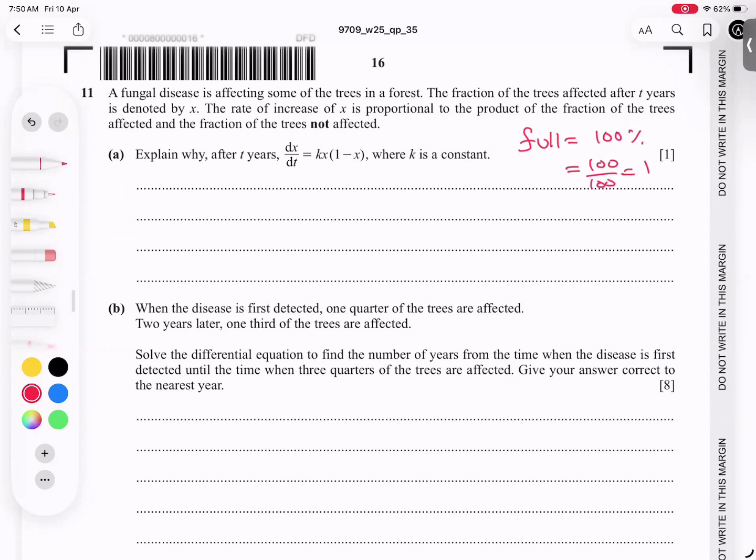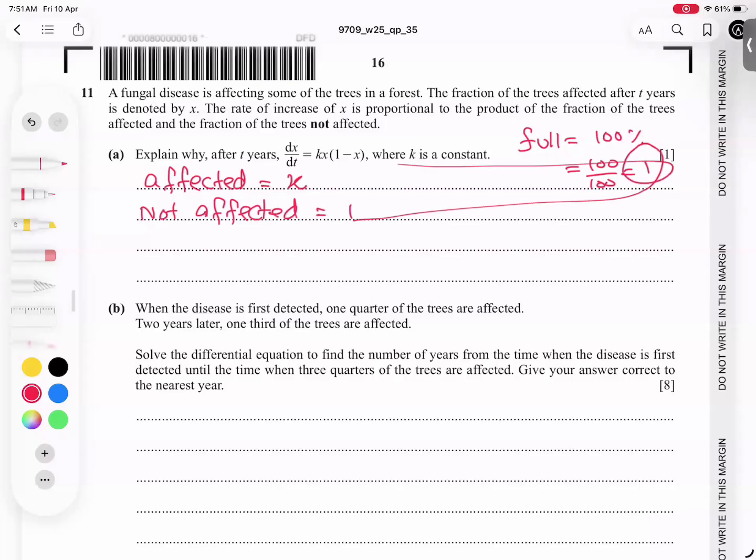So when you talk about affected, it is X. So what are not affected? We can say 1, because the total is 1, so 1 minus X. So I hope you got the point.